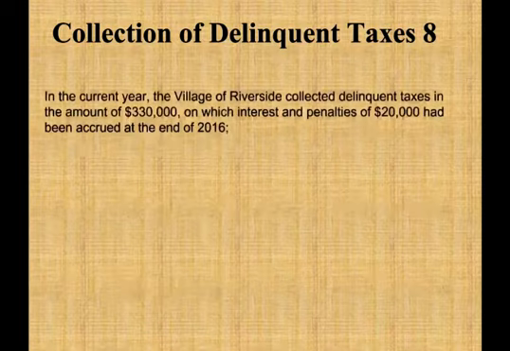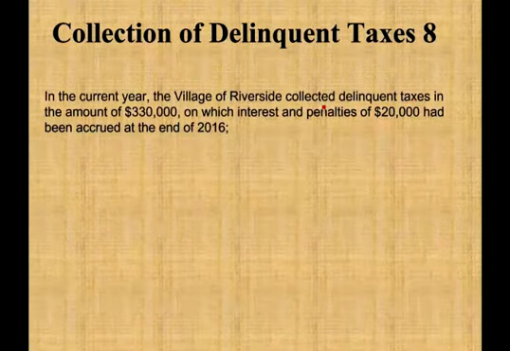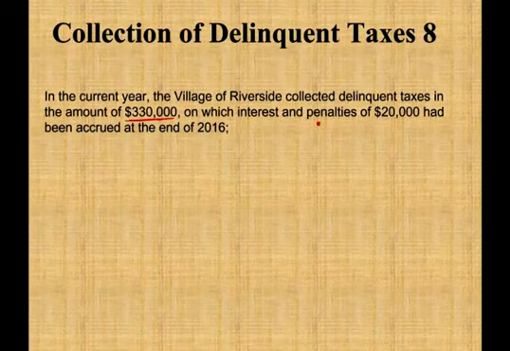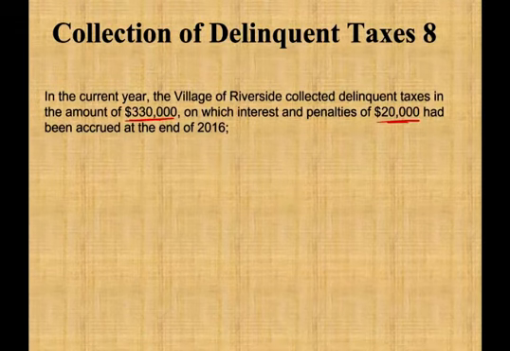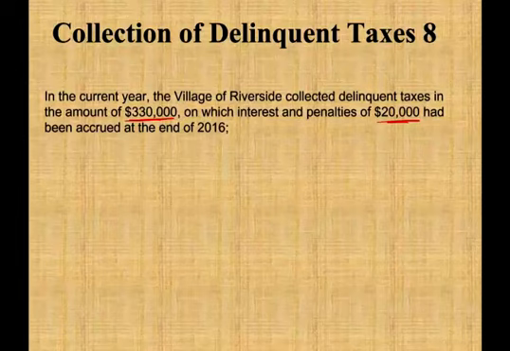Okay. Now we're going to start to collect, and we're going to be collecting some delinquent taxes. Okay, so this is transaction 8. In the current year, the village of Riverside collected delinquent taxes in the amount of $320,000, on which interest and penalties of $20,000 had been incurred at the end of 2016. So we collected $320,000, and in addition to the collection of these delinquent taxes, we imposed interest and penalties.